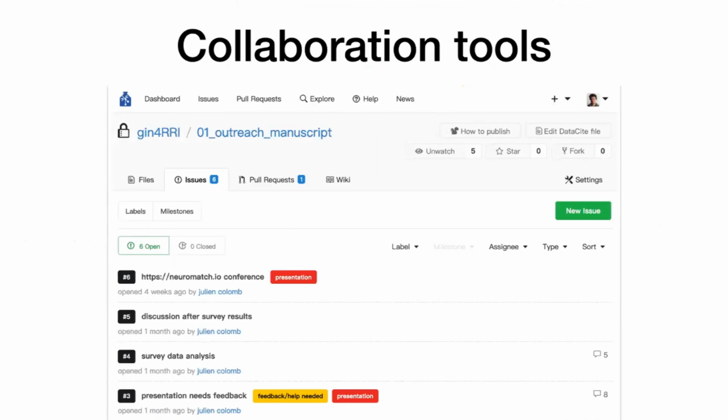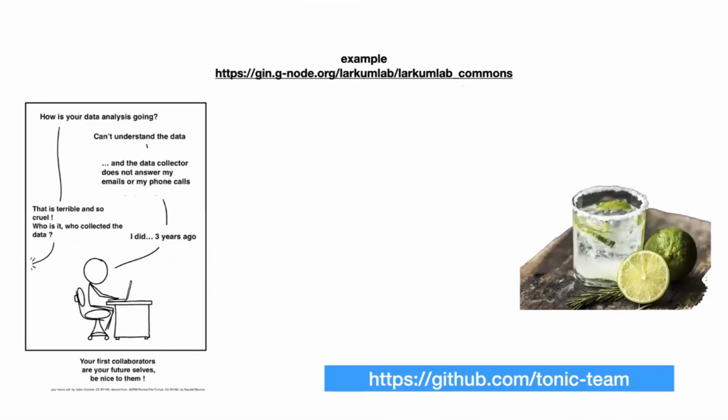So we have the GitHub-style collaboration tools in GIN, which make project management easier. And in the end, it's all for the researcher. To quote this day, which says that metadata is a lot better for the future, I will add that it's not just the future of research in general, but it's also for your own future self.